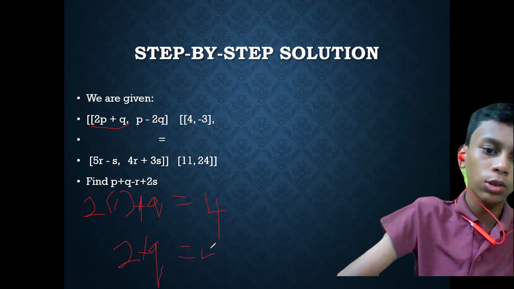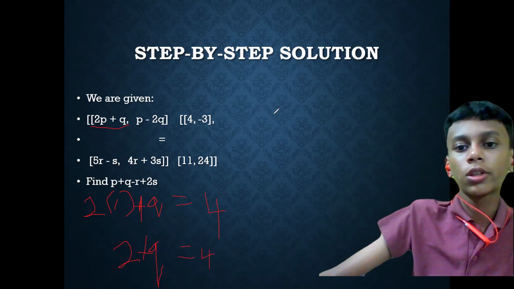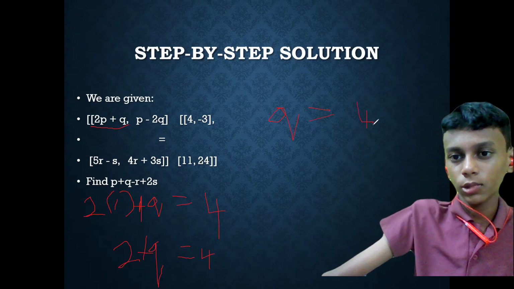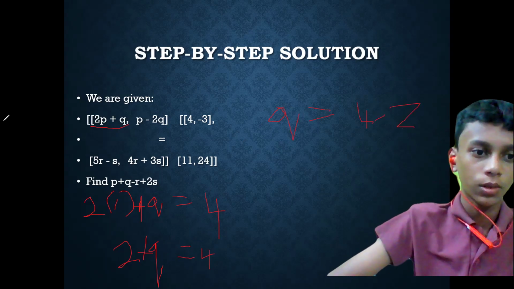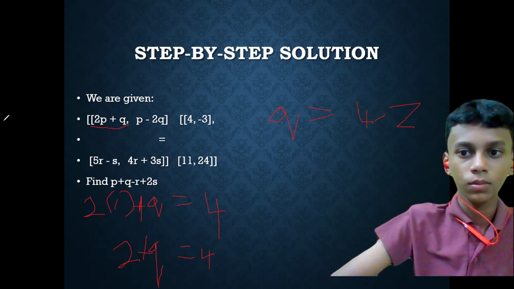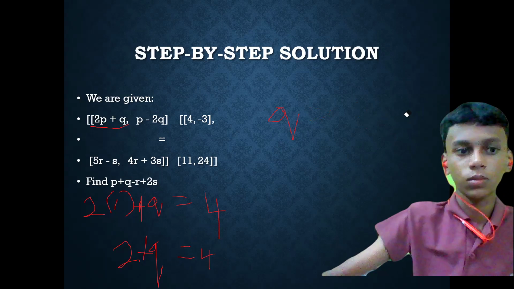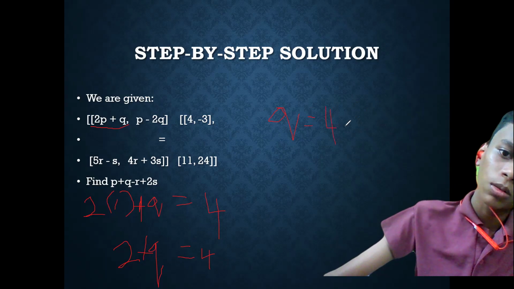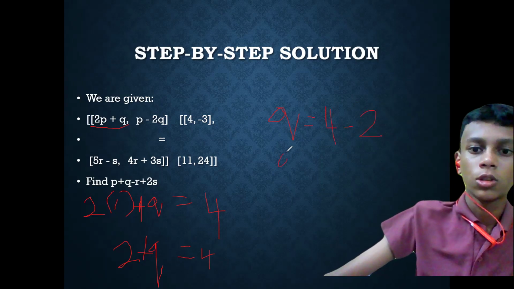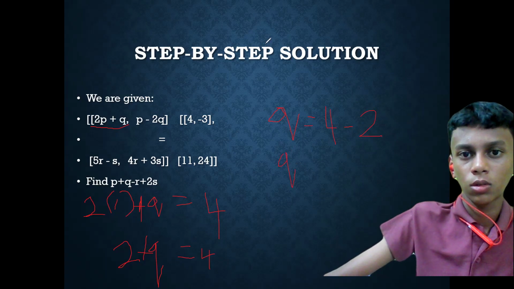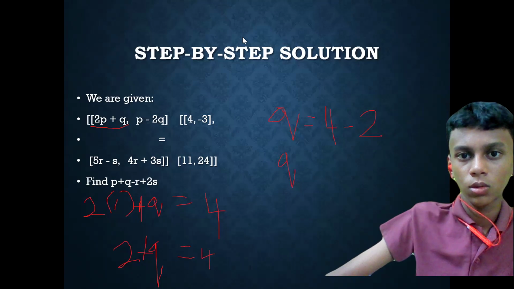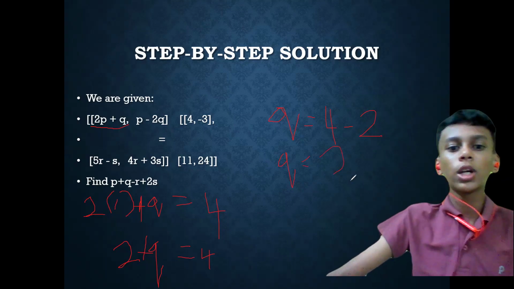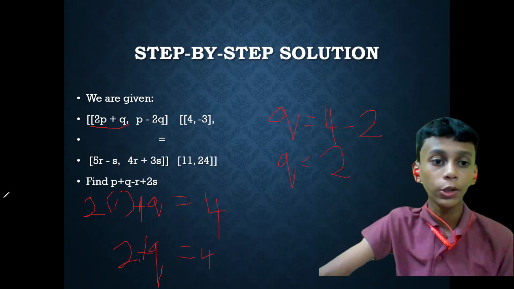Now if we transpose the 2 to that side, we'll get that q is equal to 4 minus 2. So q is equal to 2. So we got the p value and q value.